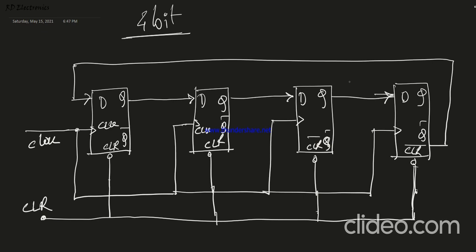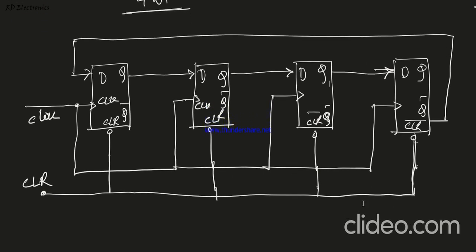So what is the operation? The operation principle is that, let us consider the initial state is 0 0 0 0. If the four outputs are 0, then Q bar equals 1, and this 1 is propagated via this wire and applied here.